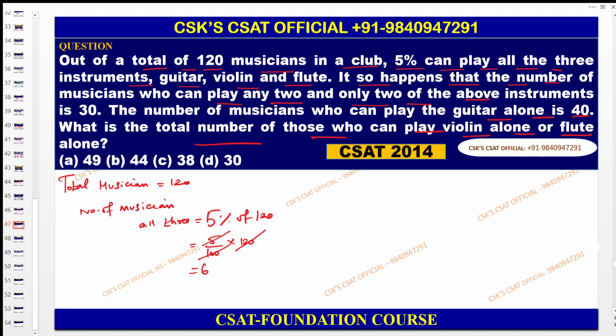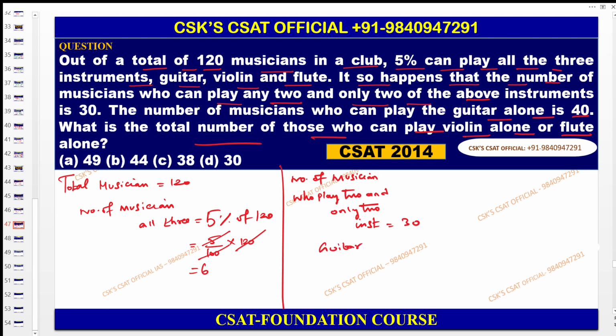If you want, you can do simplification also: 5 by 100 is equal to 1 by 20, then you can cancel that. That is also fine. Next, the data provided here is the number of musicians who play two and only two instruments, which is equal to 30.